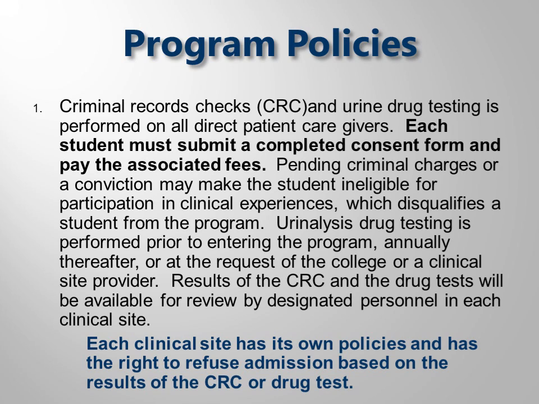Any pending criminal charges or a conviction may make you ineligible for clinical participation, which would most likely disqualify you from the PTC nursing program. It is your responsibility to make sure your record is totally clear.